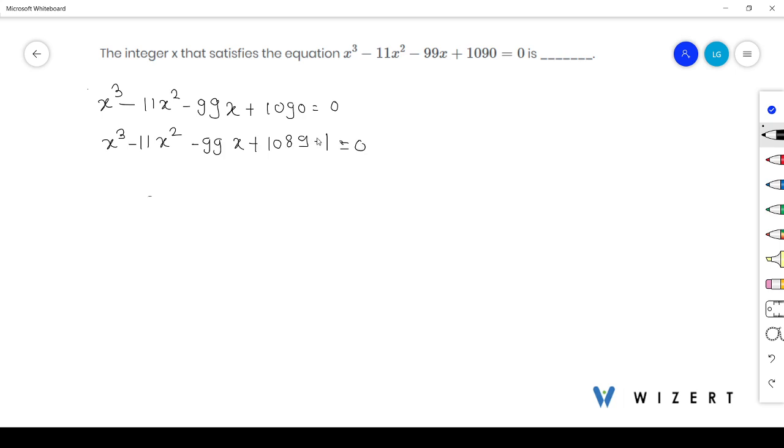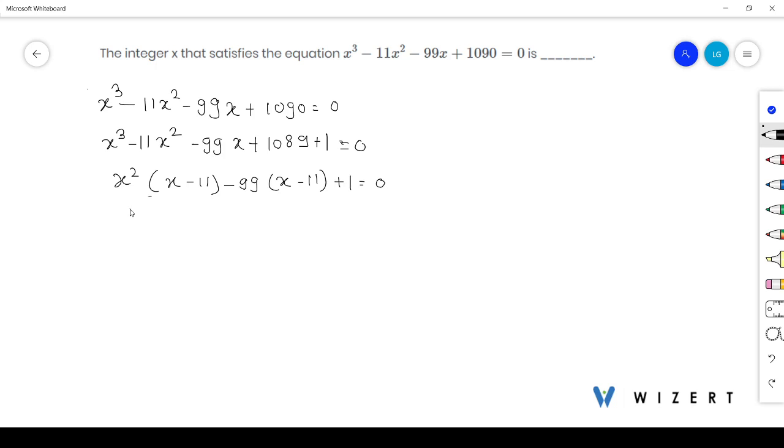So, here if you take x square common, then there will be x minus 11, and if we take 99 common, then there will be x minus 11, because 99 into 11 is 1089, plus 1 as it is.